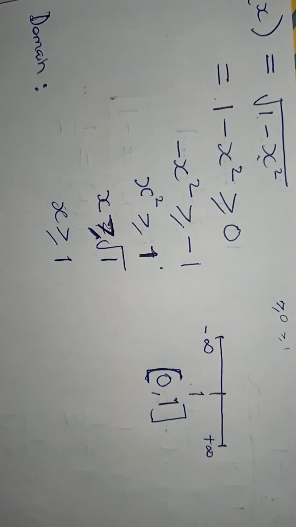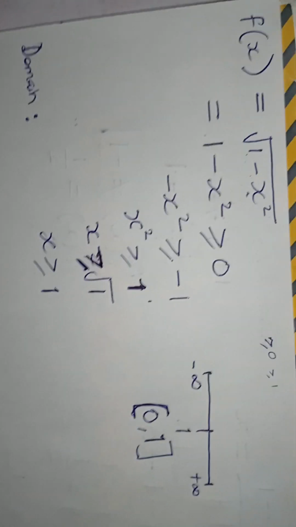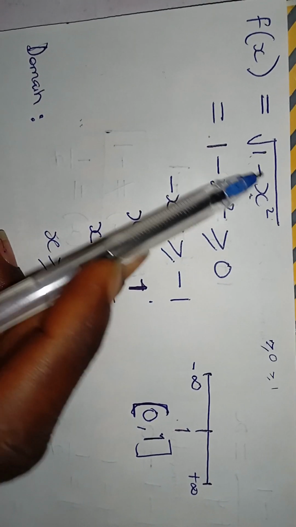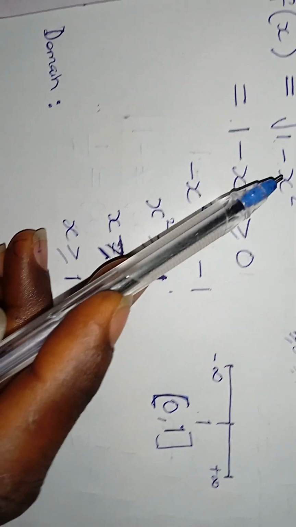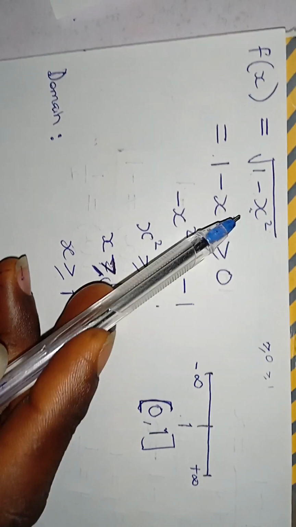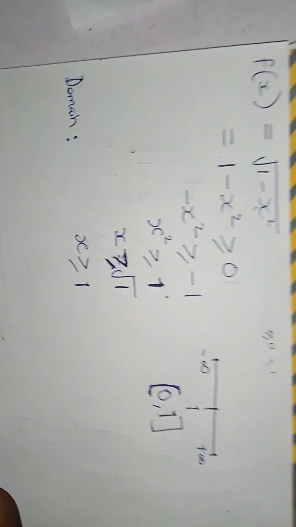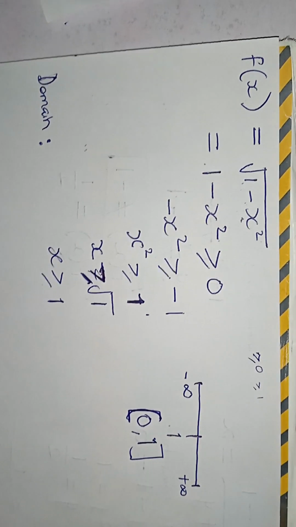These are the possible values I can input for x, so that this function can be defined. The minute I input anything other than 0 to 1 inside this, I doubt this function can work.